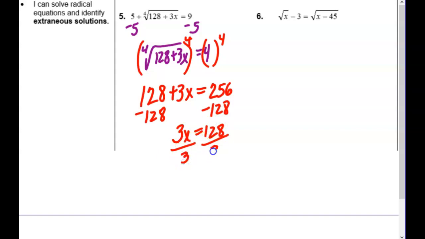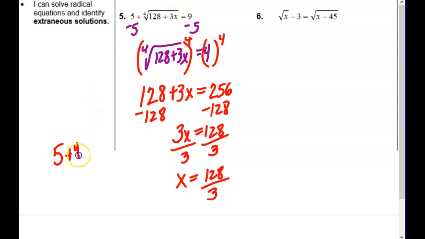And if I divide by 3, I don't think it comes out nice. So I think it's just 128 over 3. Okay, so if I put that back in to check it, 3 times 128 over 3 would just be 128, right? And 128 plus 128 would be 256.